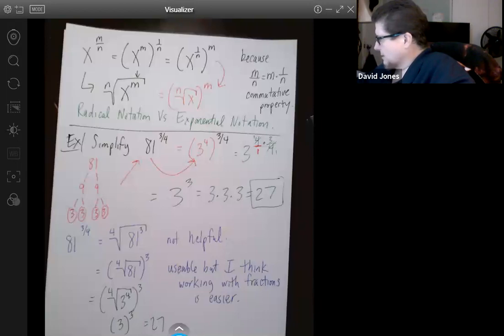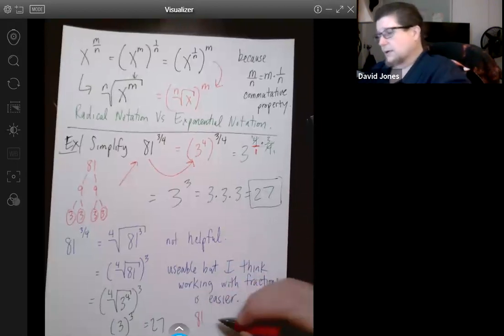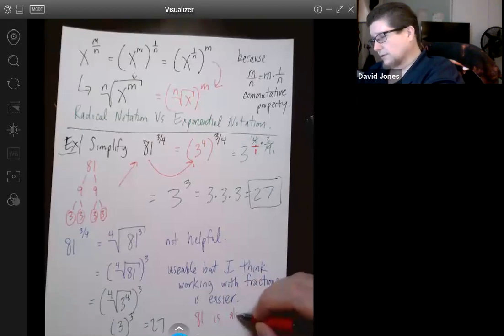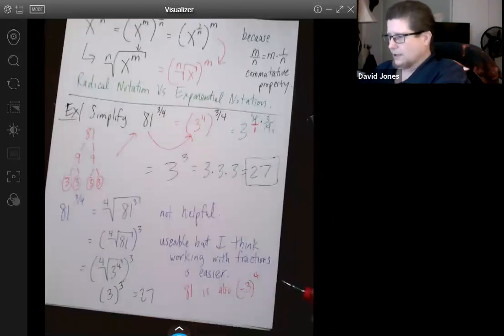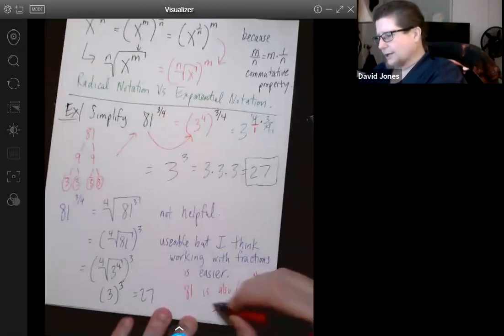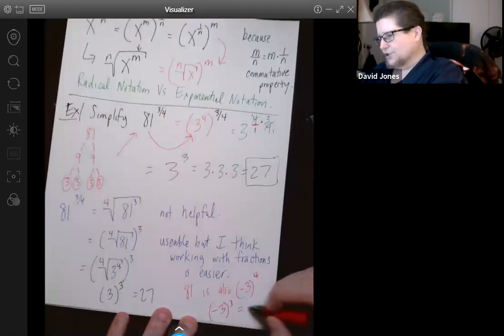Let's see. Is that the only answer? Nope. I could rewrite 81 as also -3 to the 4th power. So this could have been -3 cubed, which is -27.